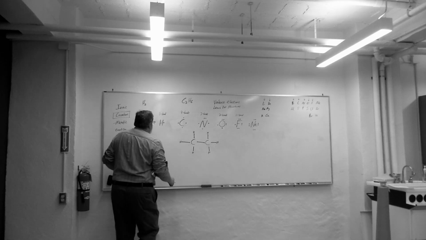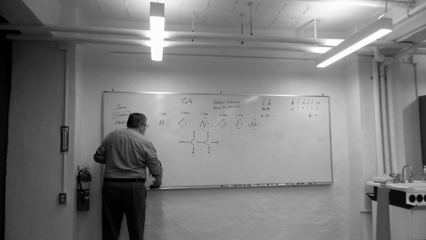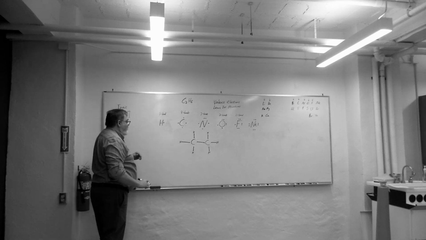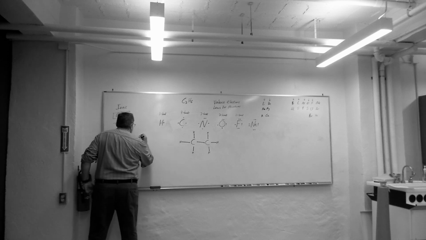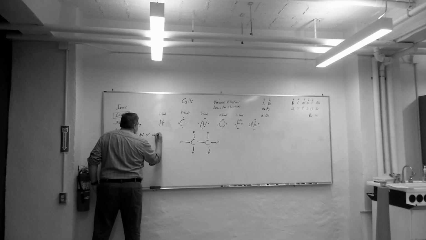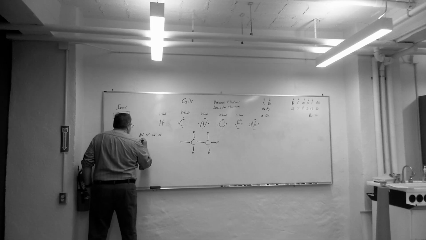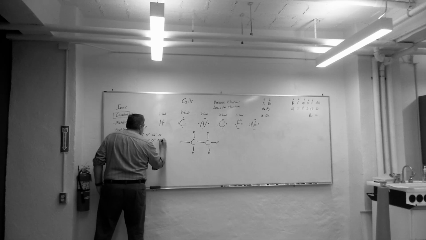So another way to contrast ionic compounds from covalent compounds. If you went and got some table salt and dumped it out, that's NaCl on the table, what you've really got is Na plus, Cl minus, Na plus, Cl minus, and I'm going to stagger these, Cl minus, Na plus, Cl minus, Na plus.